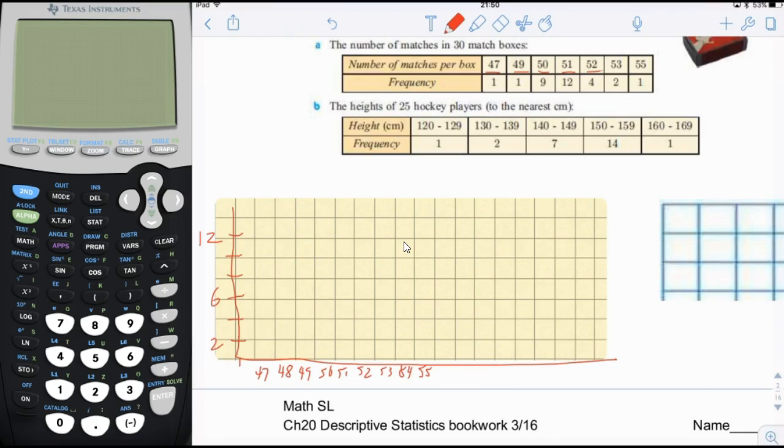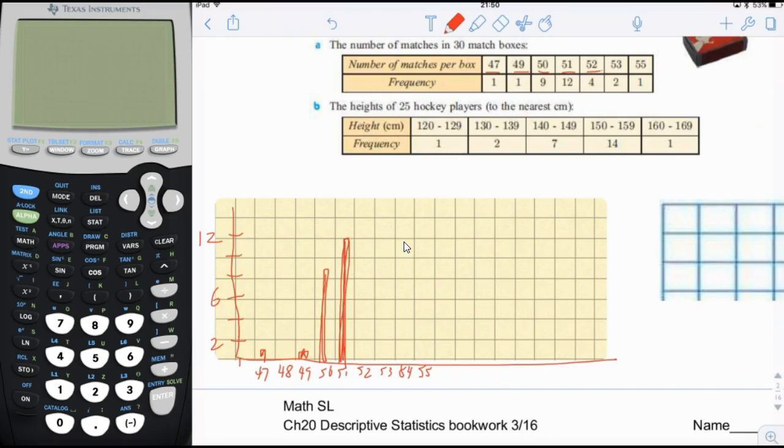And so I'm going to draw the columns. So 47 is going to be height 1, so it's going to be halfway up there. 49 is going to be height 1, halfway also. 50 is going to be height 9, so it goes all the way up to there, right? 51 is going to be height 12. And on the test, of course, you're going to use rulers to do anything like this that involves straight lines.